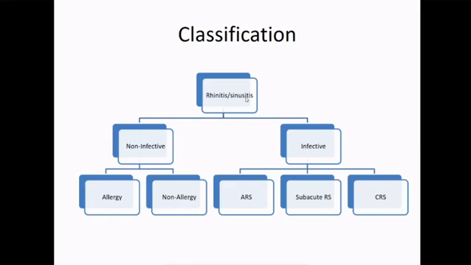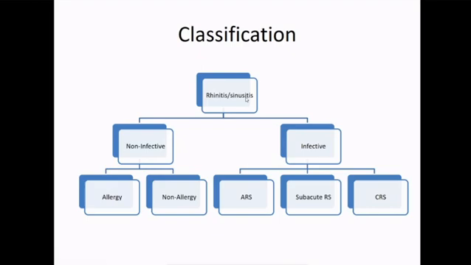And the more accurate name for the sinuses is paranasal sinuses. So all these air spaces, I think you all know, air spaces situated near the nose. Why are they situated there?